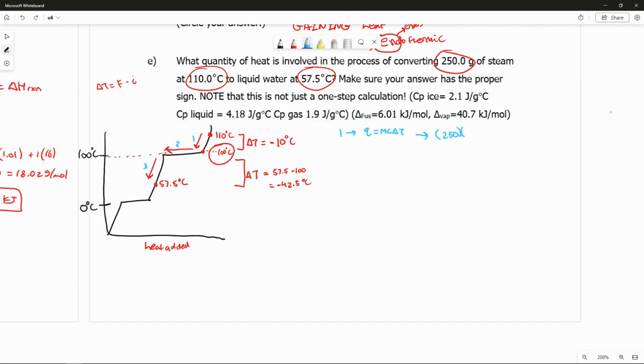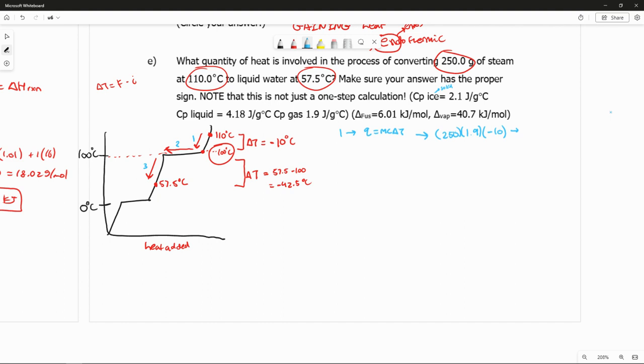There are three types of C's: one for solid, one for liquid, and one for gas. But in this scenario, we're at the gas phase, so we have to use the C for gas, which is 1.9. Next, we have our delta T, negative 10.